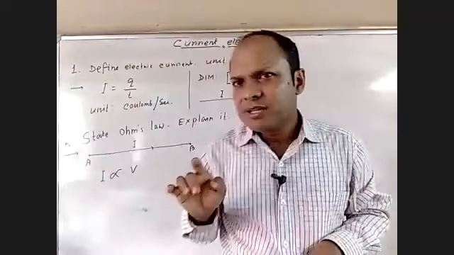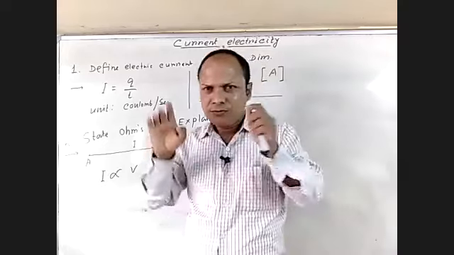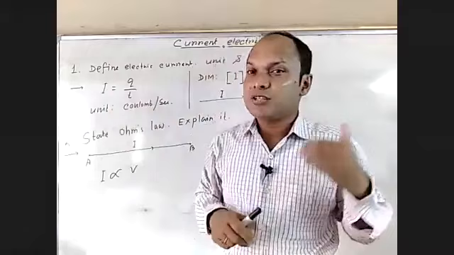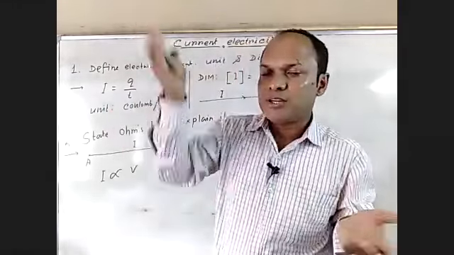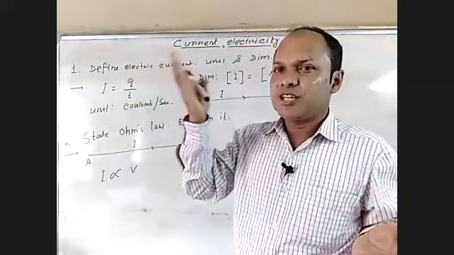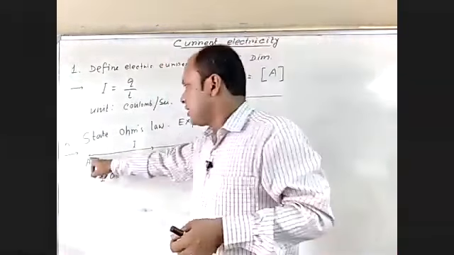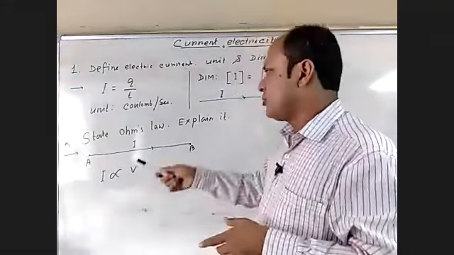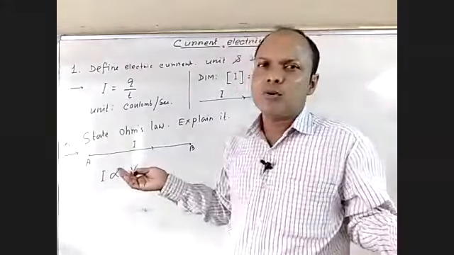So if current is flowing from one point to another point, there must be a difference. In case of water, there will be a difference in height of water. In case of current, there should be a difference of voltage. So if between two points there is a difference in voltage, then there will be a flow of current. This was stated by Ohm.